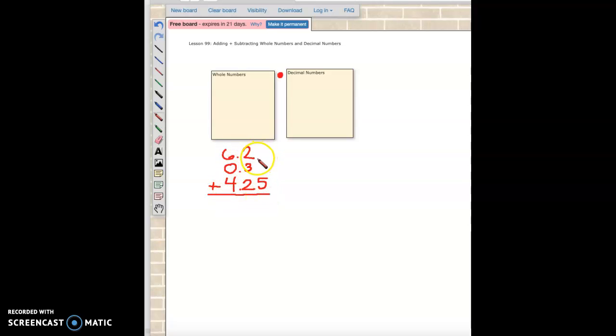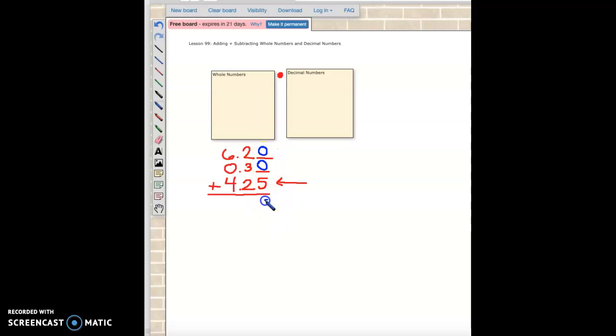But if you notice, there's some blanks right here and right here. Because we have that 4 25/100th, we also need to go ahead and write zeros as placeholders for the places that are not as large as the hundredths. So now once we put that placeholder in, we go ahead and add.